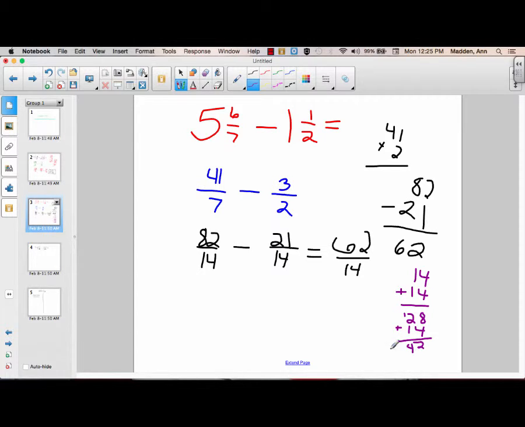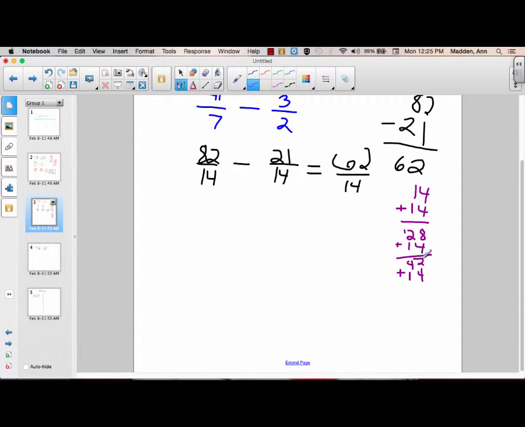At 42. Let's add another 14. At 56. Let's try one more. And that's going to put me over.